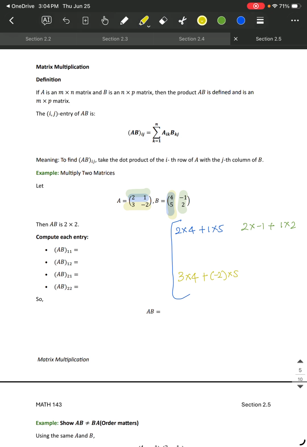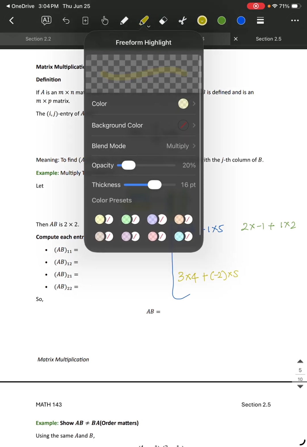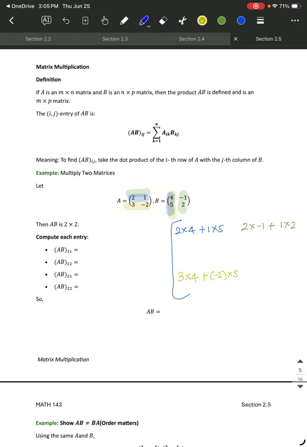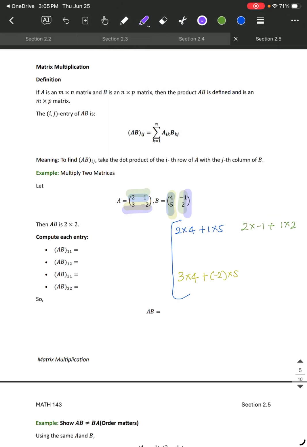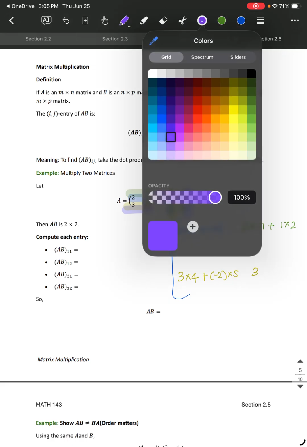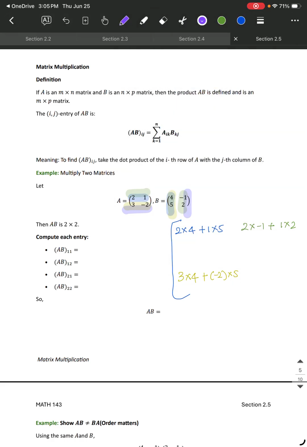Lastly, second row, second column: 3 times -1 plus -2 times 2.